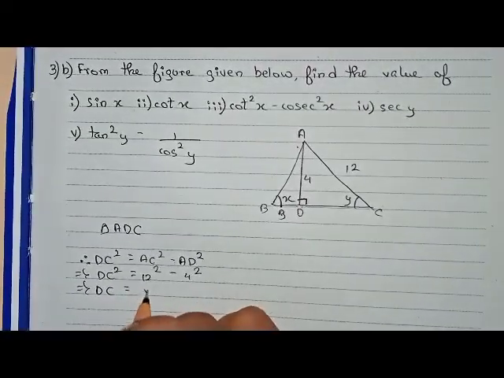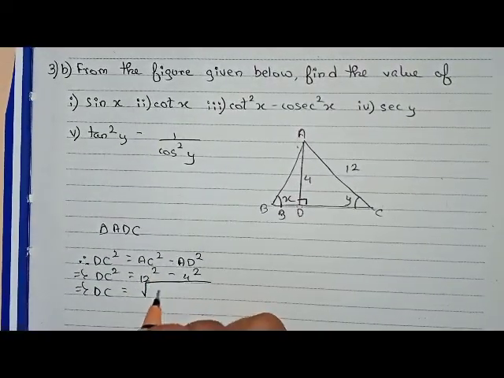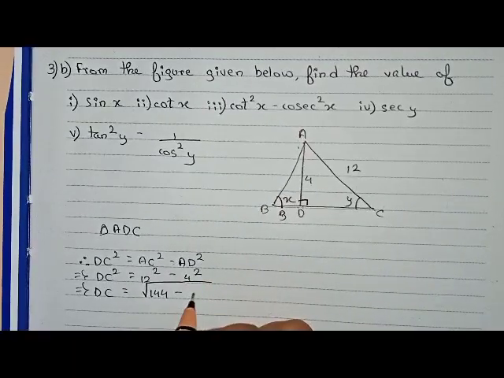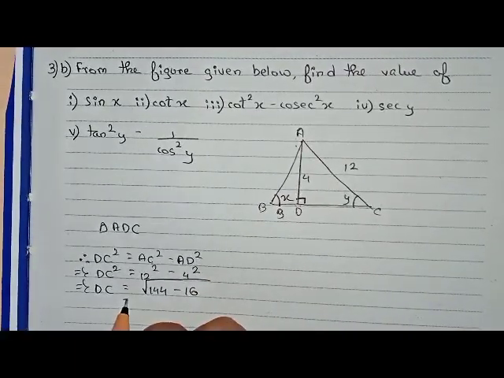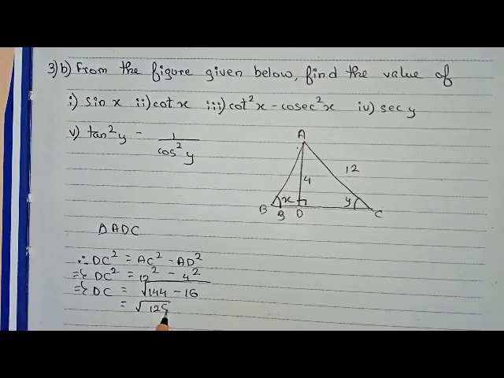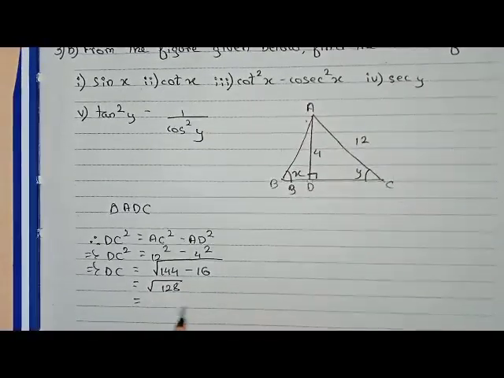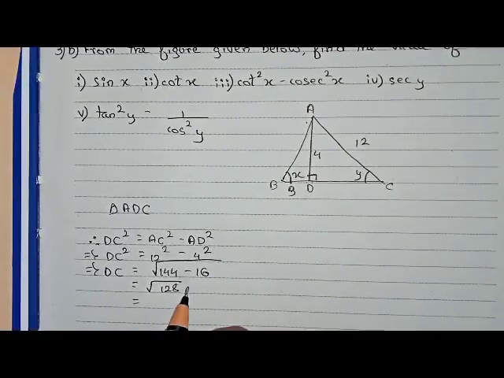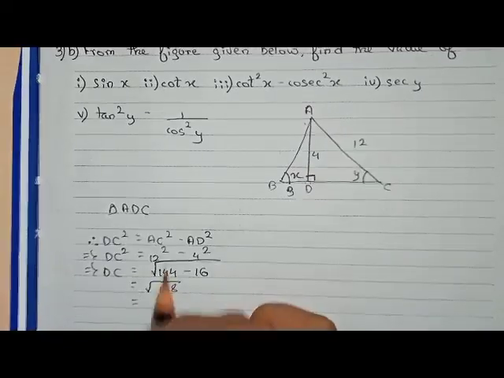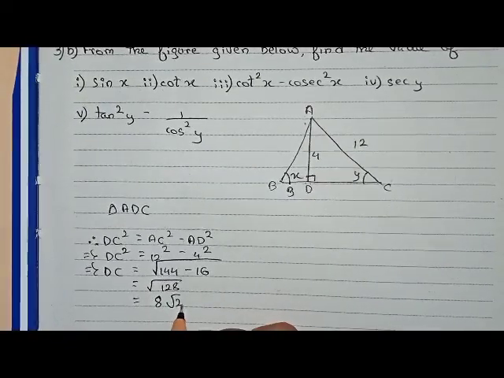DC will be equal to root over 144 minus 16, which is root over 128. So this will not give a pure number. Its value will be 8 root 2.